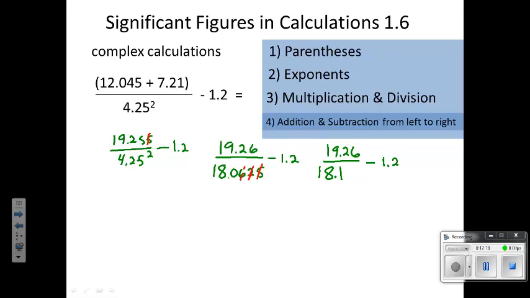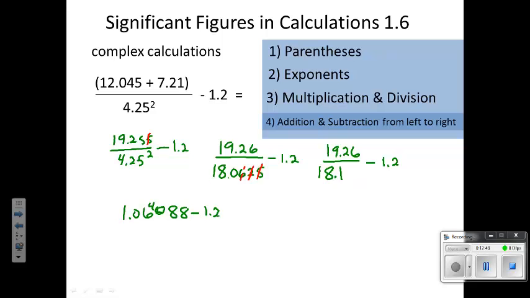Okay, so the next operation is the division. If I'm going to do the division, 19.26 divided by 18.1, I put that number in my calculator. It's 1.06408 8. And I'm going to subtract 1.2.